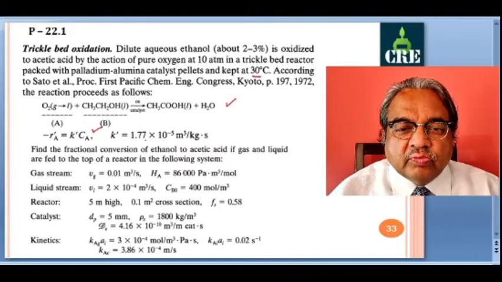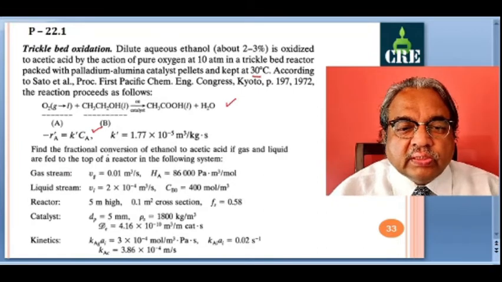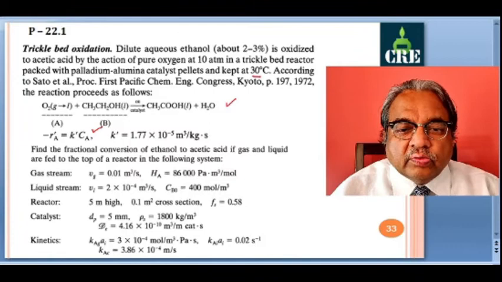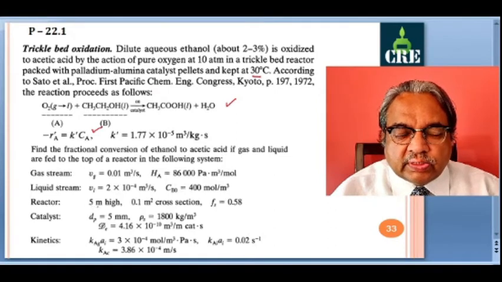So K prime value is given as 1.77 times 10 raised to minus 5. This is per unit weight of catalyst per kg, so that we have to convert. Fractional conversion of ethanol to acetic acid we have to find out if the gas and liquid are fed to the top of the reactor, and all other conditions are given. Vg is given, Ha is given, Vl is given, Cb0 is 400. Reactor dimensions are 5 meter high, 0.1 meter square cross section.